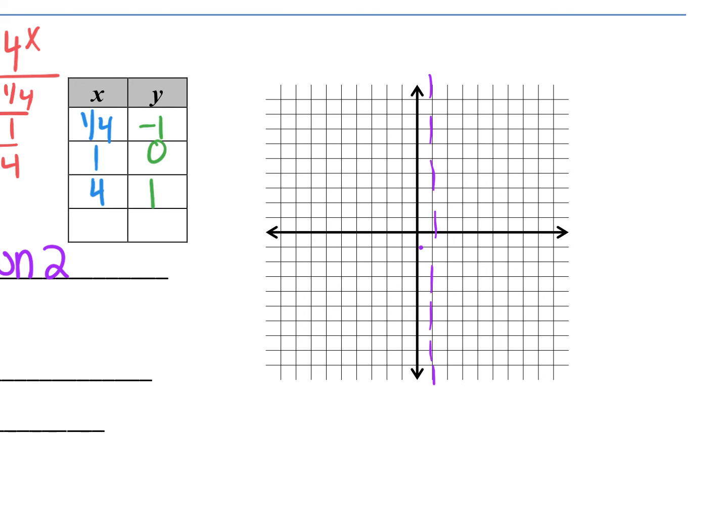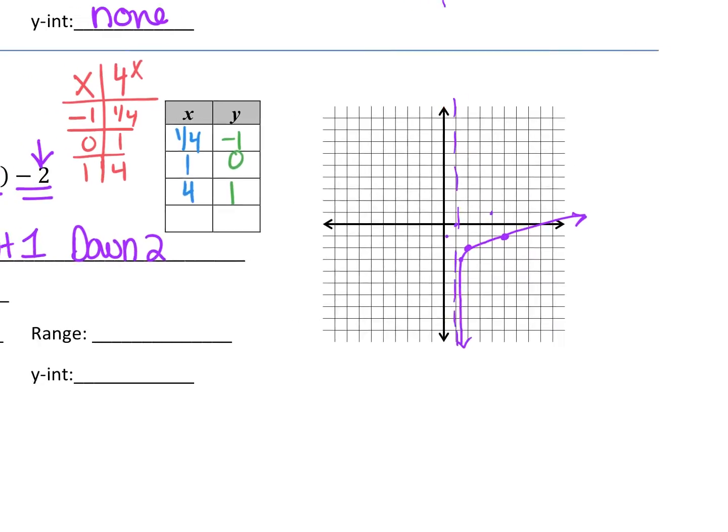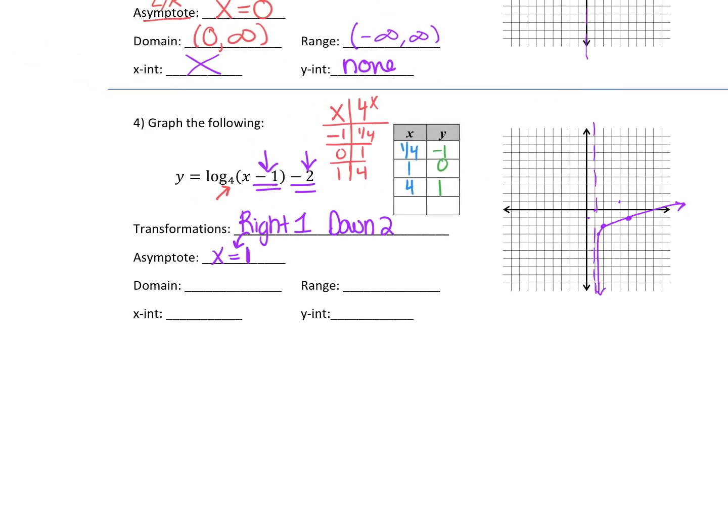And then I'm going to shift it right 1, down 2. So it's going to put me right there. 1, 0 would be there, so I'm going to go right 1, down 2. 4, 1, right 1, down 2. So that's what my graph will look like.